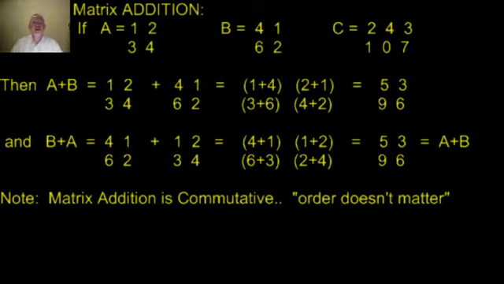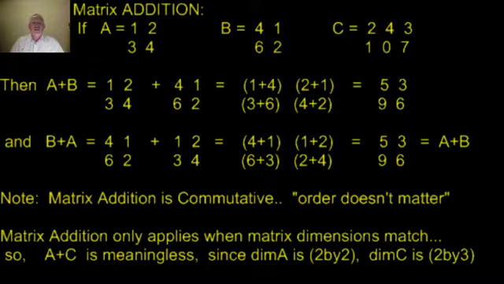But what does matter is that matrix addition only applies when the matrix dimensions match. So you notice that for A and B, they're both 2 by 2 matrices, and because they're the same size we can add them together.